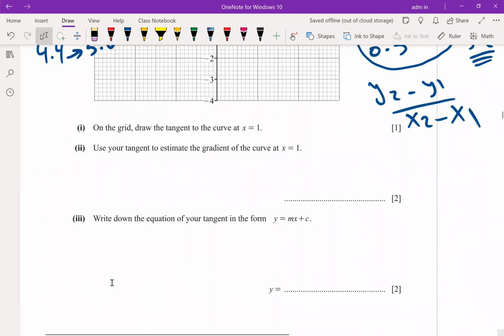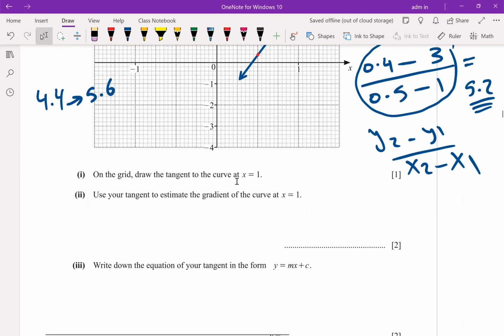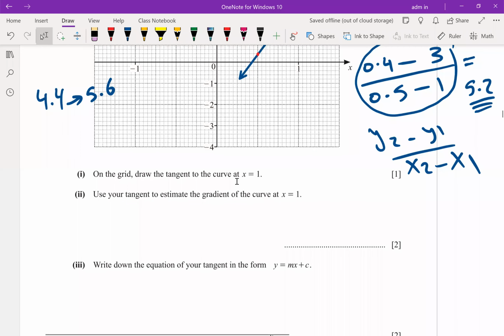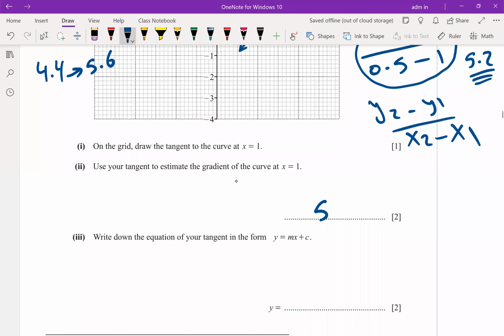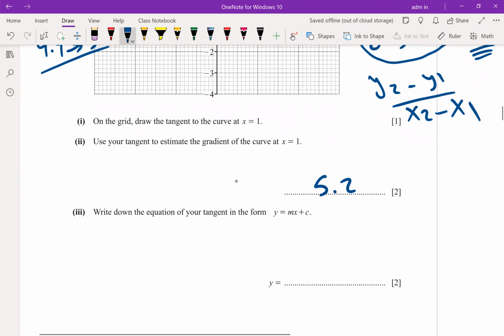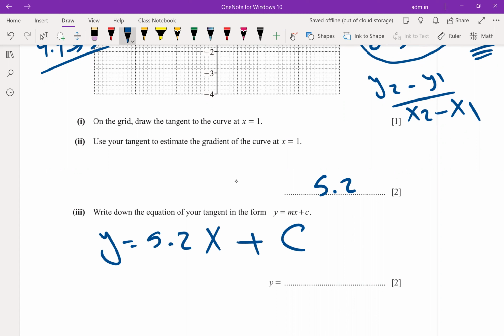Use your tangent to estimate the gradient. I wrote it as 5.2, but the range is from 4.4 to 5.6. Write down the equation of your tangent in the form y equals mx plus c. How to write the equation? Y equals, for me, because I found 5.2, 5.2x plus c. How to find the value of c?